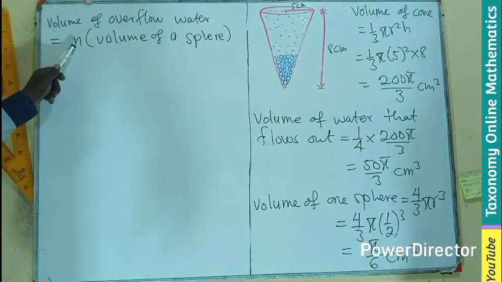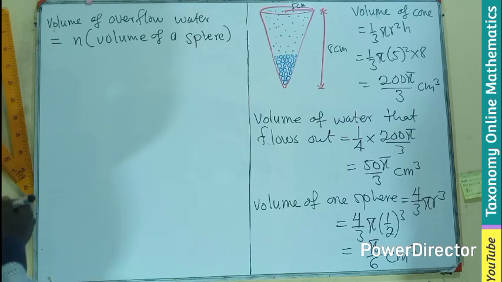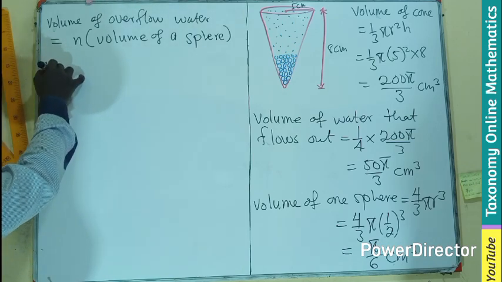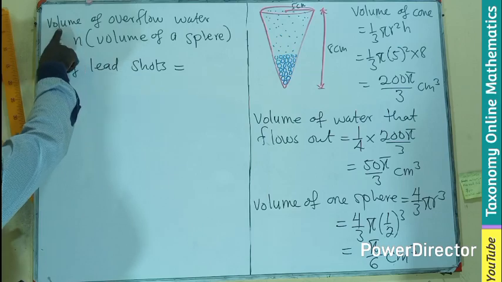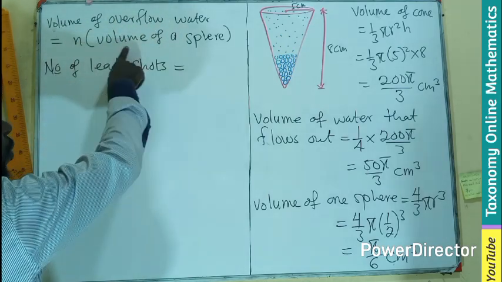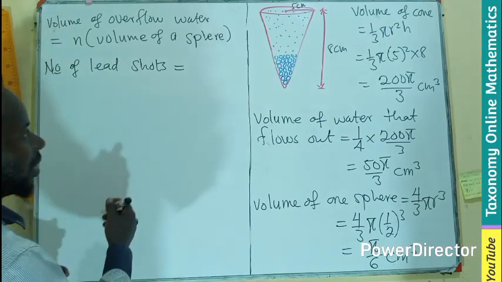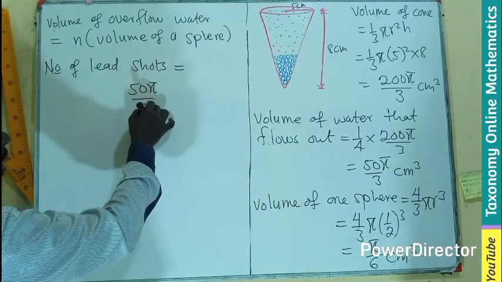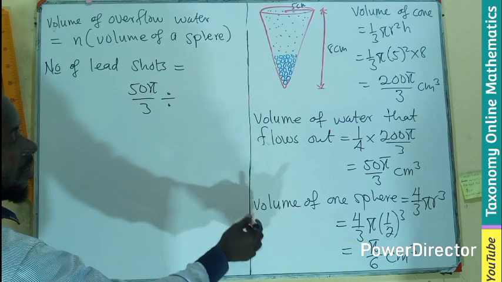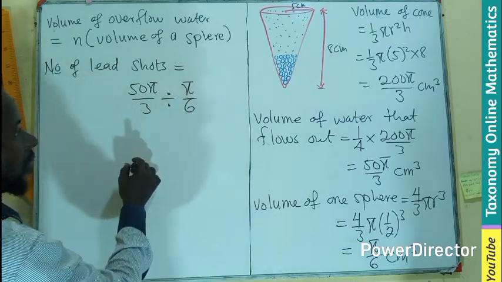But what are we looking for? The n. So if we divide both sides by the volume of a sphere, we get n. So n, the number of lead shots, equals the volume of water that flowed out divided by the volume of one of the spheres. So I am picking this as 50 pi divided by 3, divided by pi divided by 6.